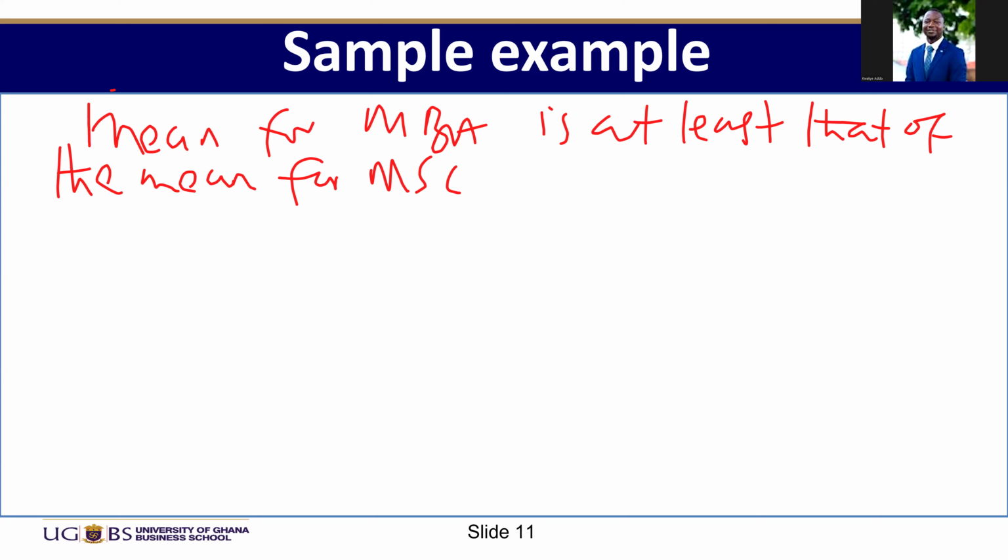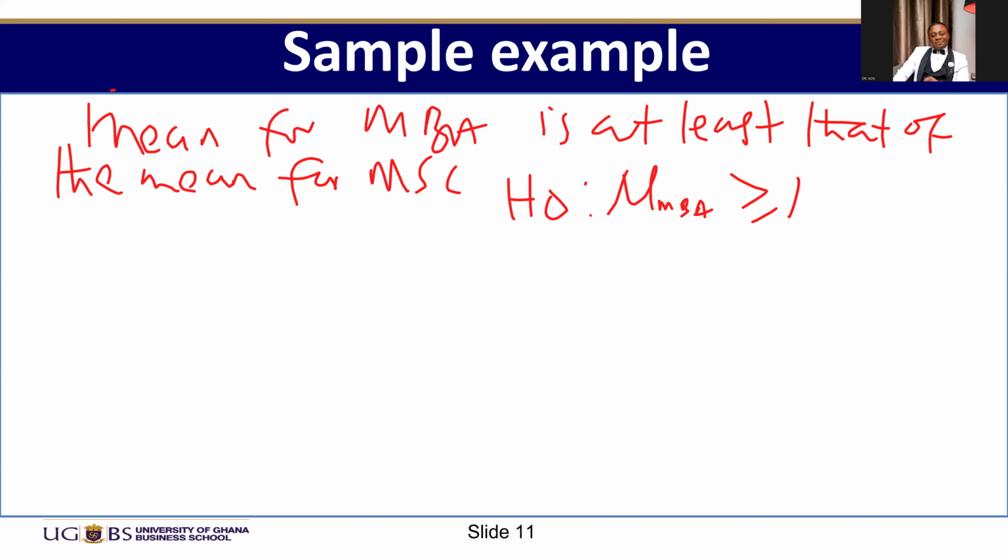So the null hypothesis will be H0: mu1 is greater than or equal to mu2. In this case, you've got to indicate what you mean by mu1. So mu1 is the mean score of MBA, and mu2 is the mean score of MSc. We can also make it like mu MBA is greater than or equal to mu MSc.